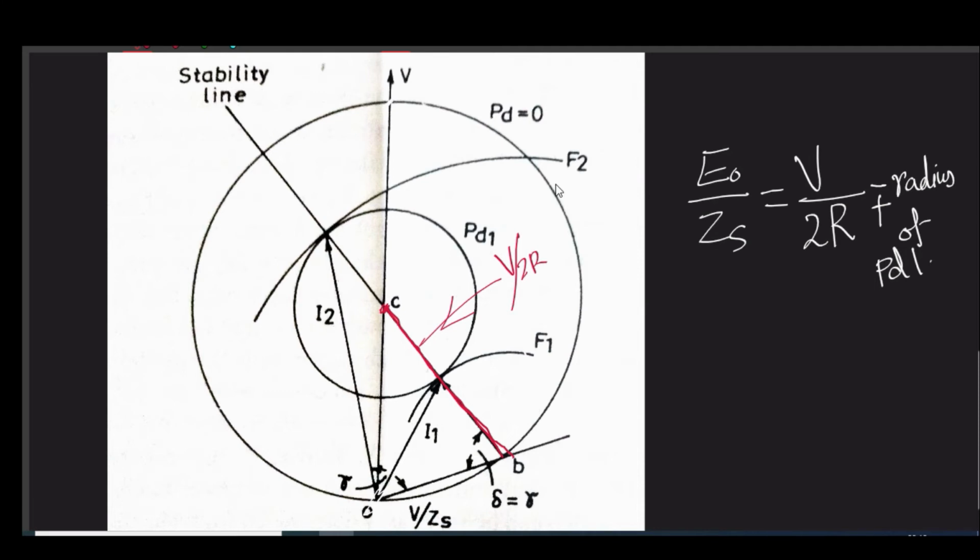Now at this V by 2R, what about the minimum value? The minimum value is this one.